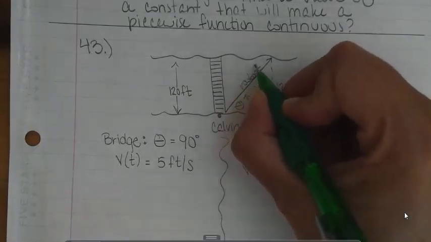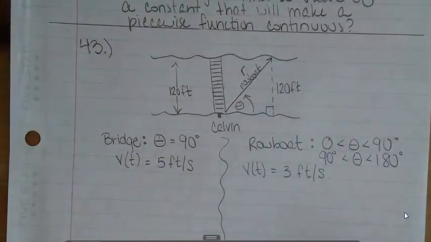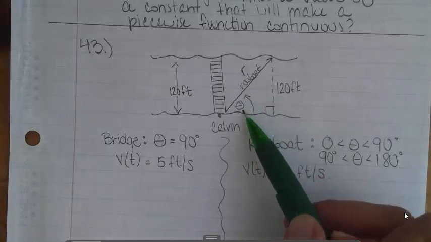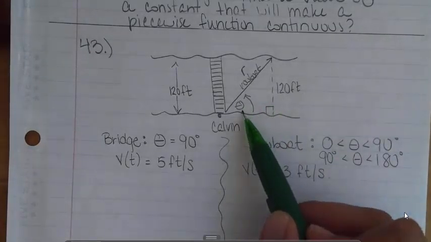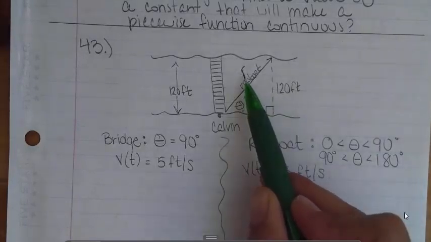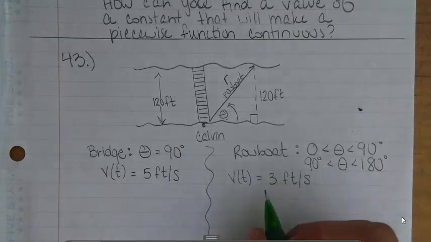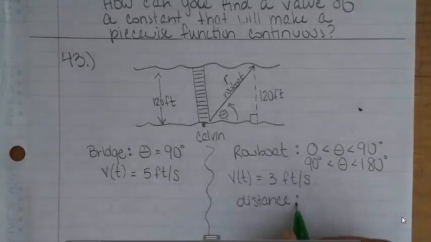I'll call this rowboat length R. I know the relationship between R, theta, and 120. Looking at this angle, I have an opposite and a hypotenuse, so I have to use a little bit of trig.